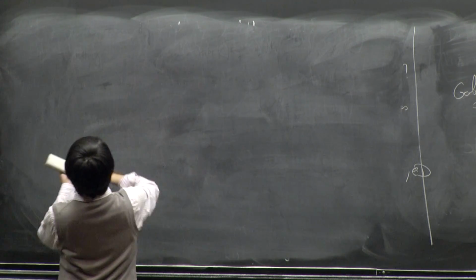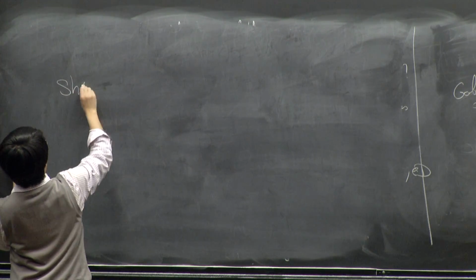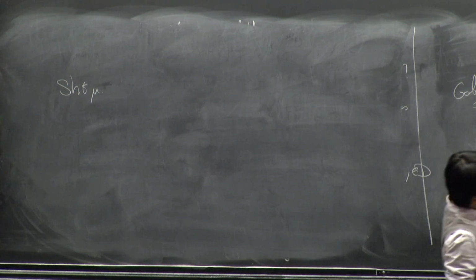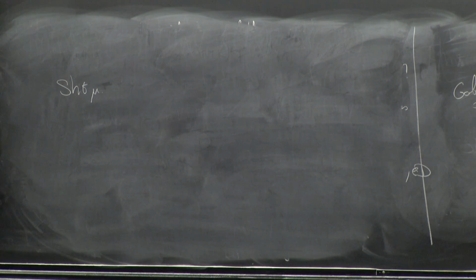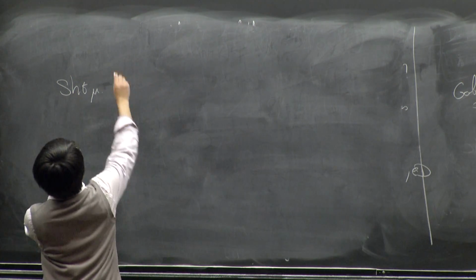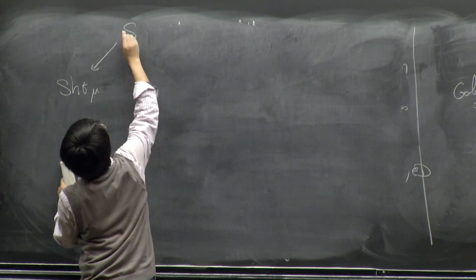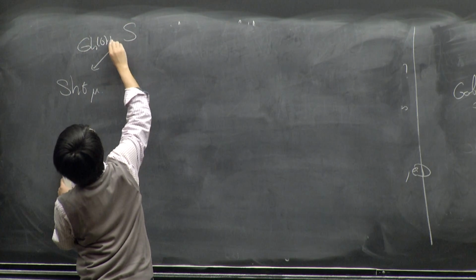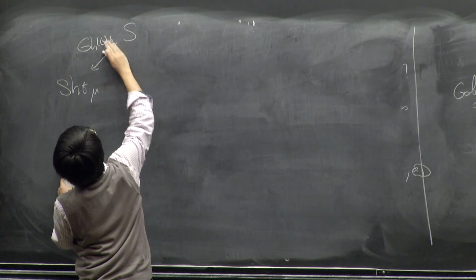You can consider the moduli of Shtukas where I trivialize my vector bundle at the end point of this chain, and I get something like GL_2 of O, maybe O_L, I don't know.